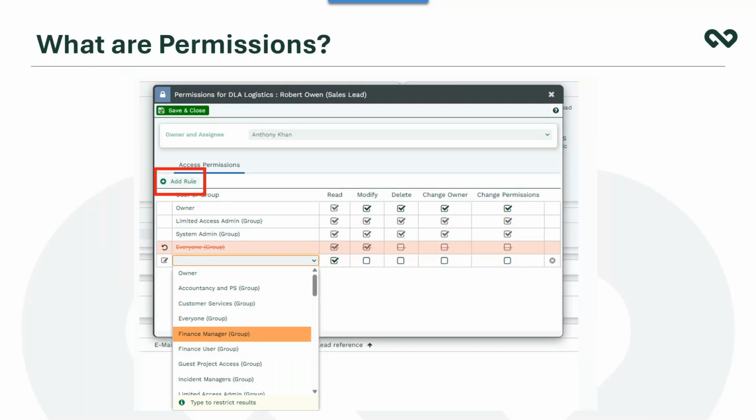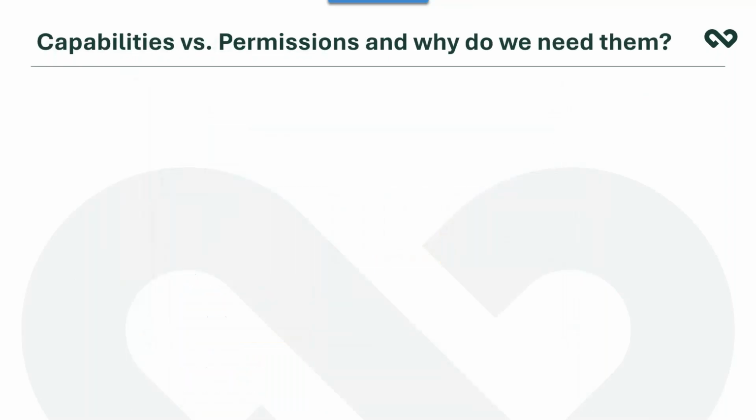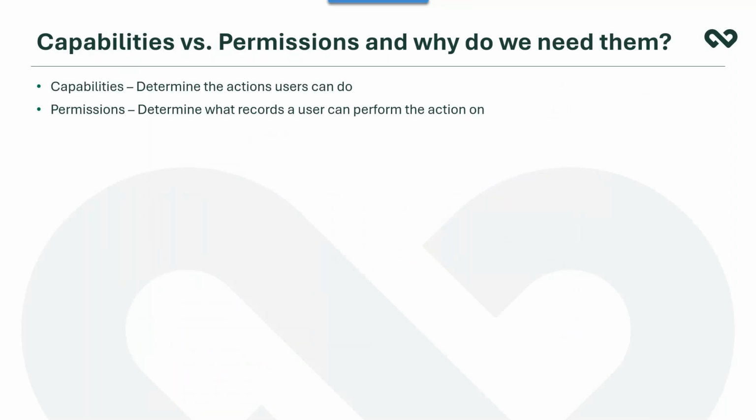Now that you've got a basic understanding of capabilities and permissions, let's understand the difference between these two. Capabilities define what actions a user can take, whereas permissions define which records those actions can be applied to. An easy way to think about this is using keys and a house as an example.